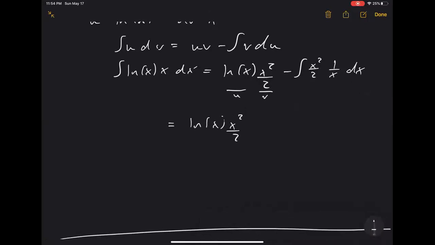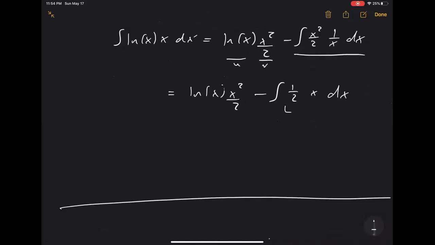We can simplify this integral a little bit, right? I got x squared over 2 times 1 over x. Well, that simplifies as 1/2 times x dx. And then I can integrate this thing. I know how to integrate this, right?